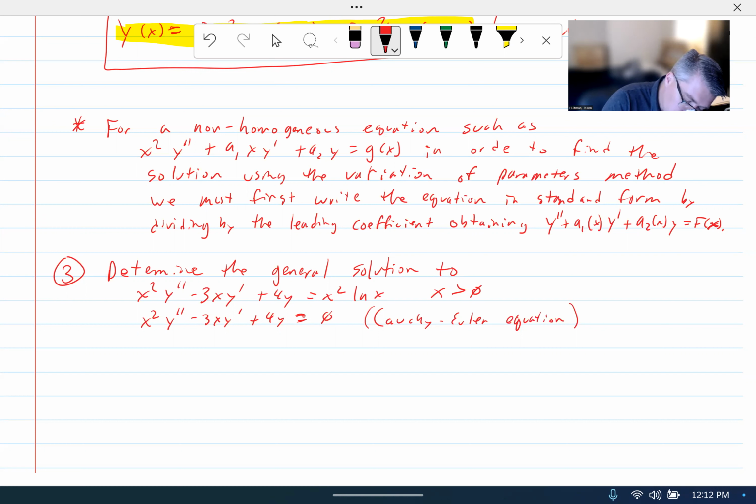So we're going to do r squared plus a1 minus 1 r plus a2 equal to 0.